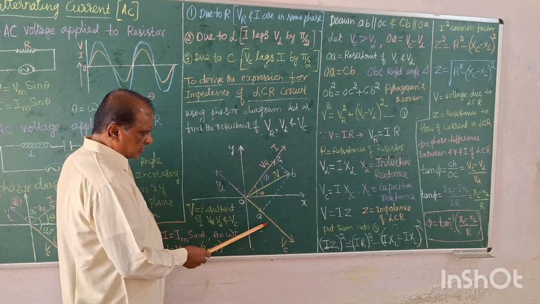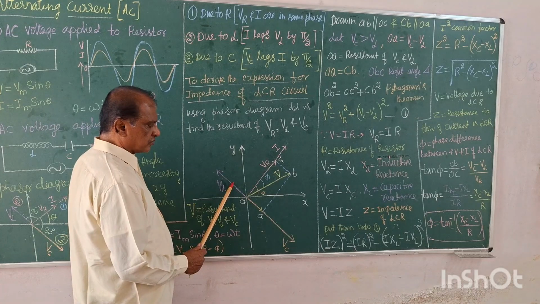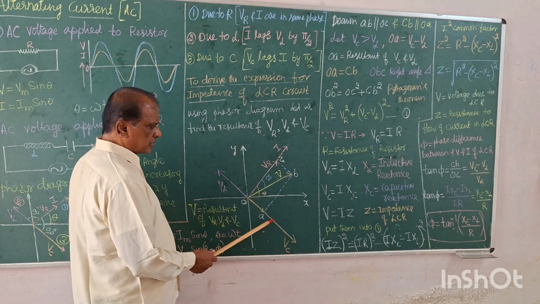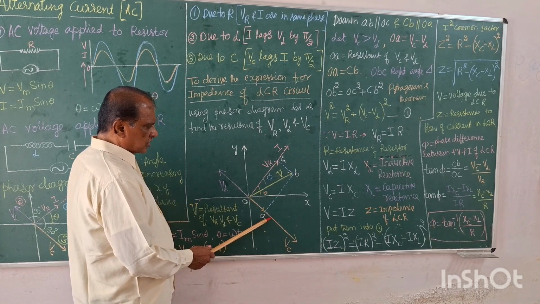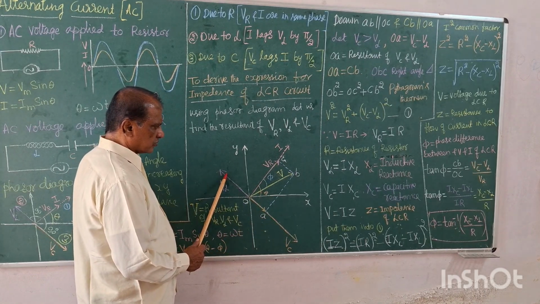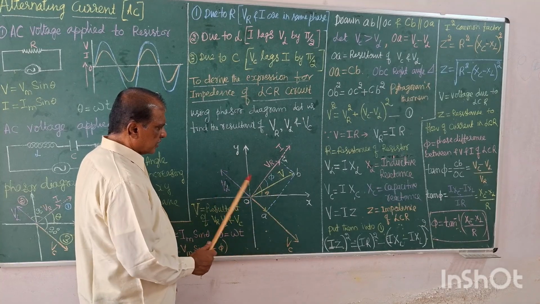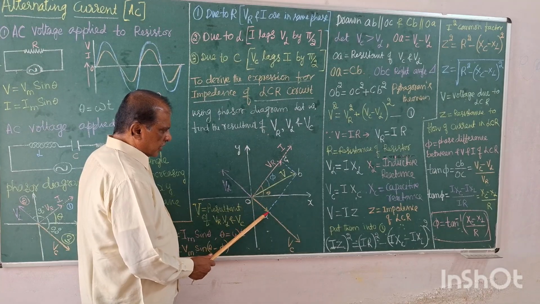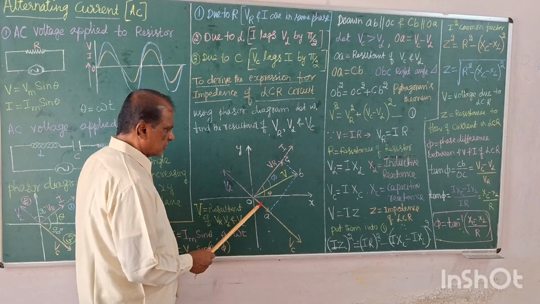Let us consider this one is larger than this; sometimes one is larger, sometimes the other. Consider VC is larger than VL. If so, the resultant is VC minus VL, and the direction is this.